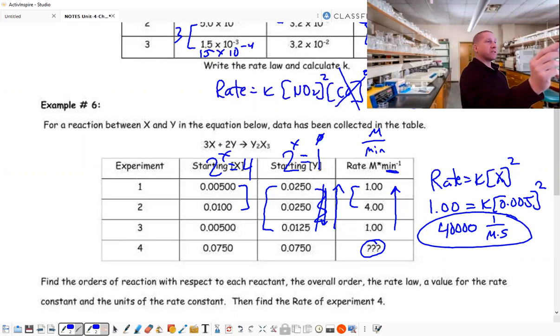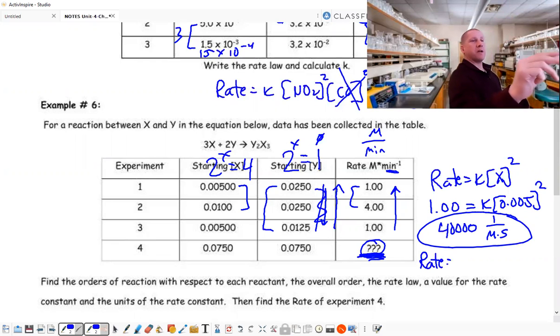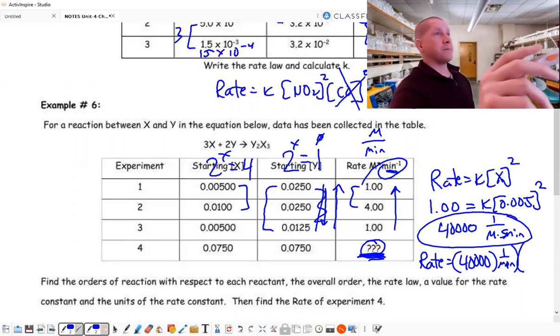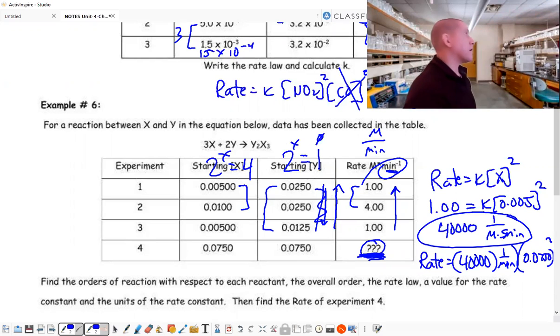Now we know what K is, so to calculate the rate of that one, we just plug in K, 1 over molarity minutes, times 0.0750 squared.